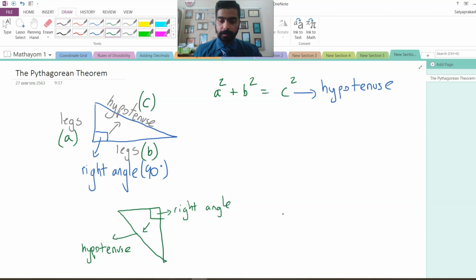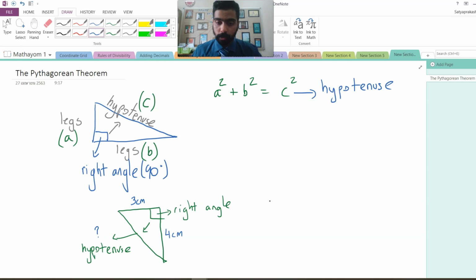Now let's say that in this question, the length of the shorter sides is 3 centimeters and 4 centimeters, and the question is telling us to find the hypotenuse. In order to find the hypotenuse, we must take the square of the shorter sides.